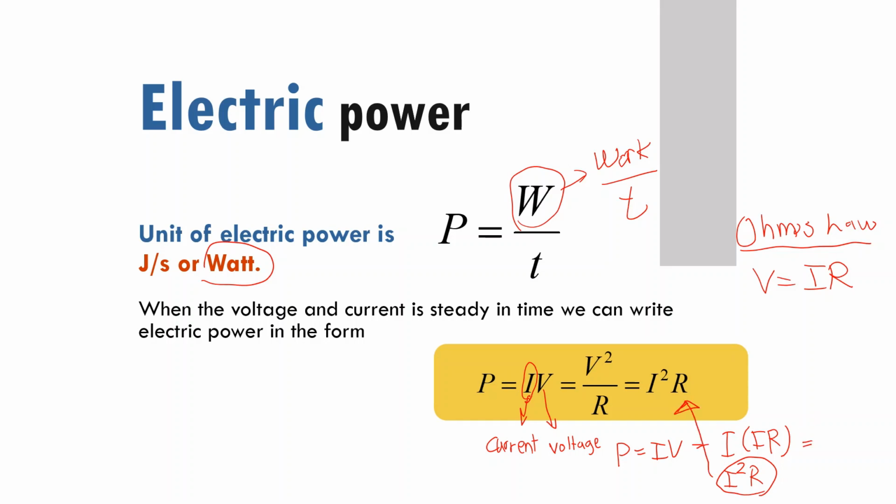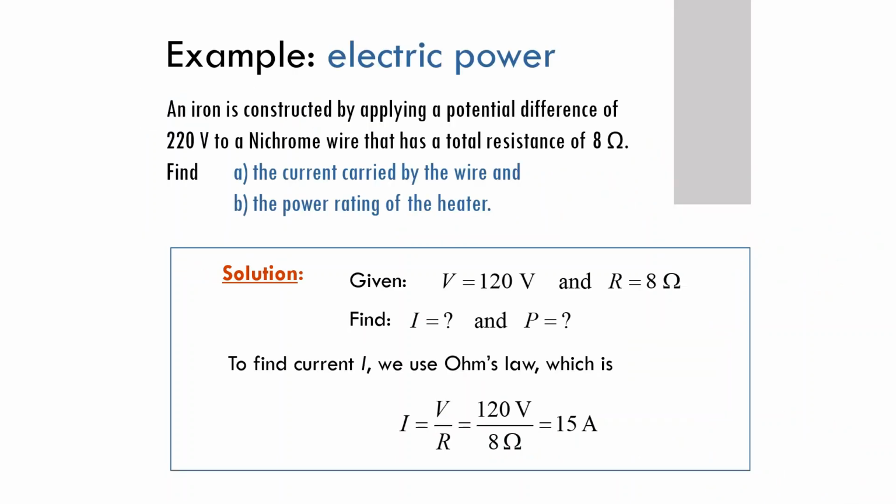And if I put I as V divided by R, multiplied by V, I get V squared divided by R, which is equal to this one. So basically I just rearranged the mathematics here. And now we can calculate the electric power that we use.